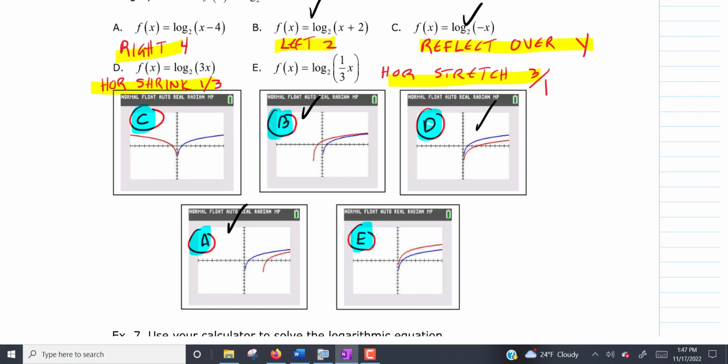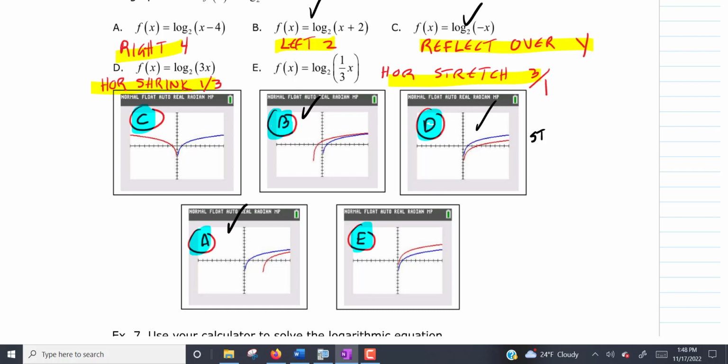So that would end up being, hold on, I think I got those backwards. I may have got those backwards. Okay, so it goes like this. If you're shrinking horizontally, it would be kind of like this. So if you look at D and E, it goes like this. The blue graph, this one is being stretched.